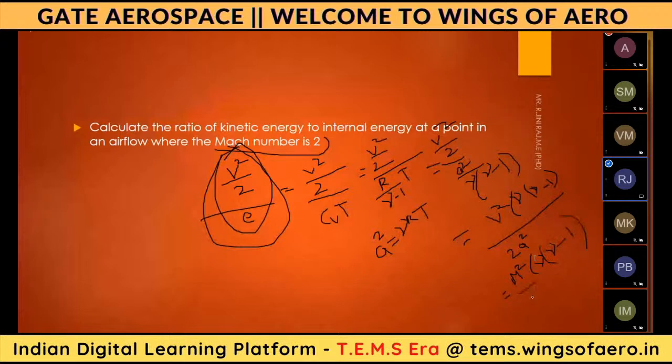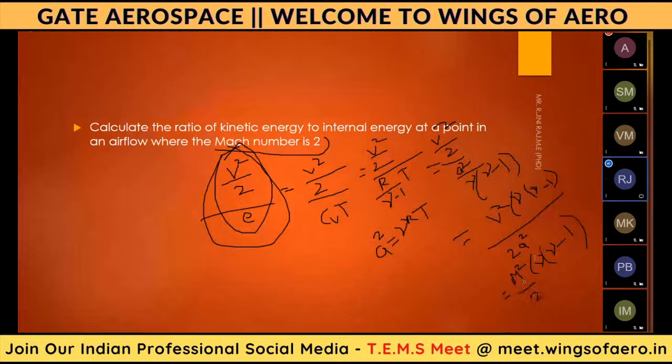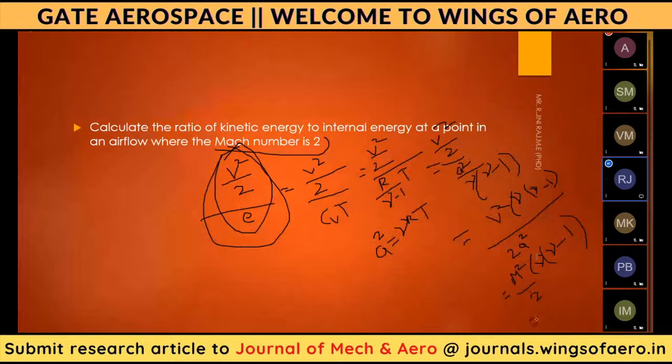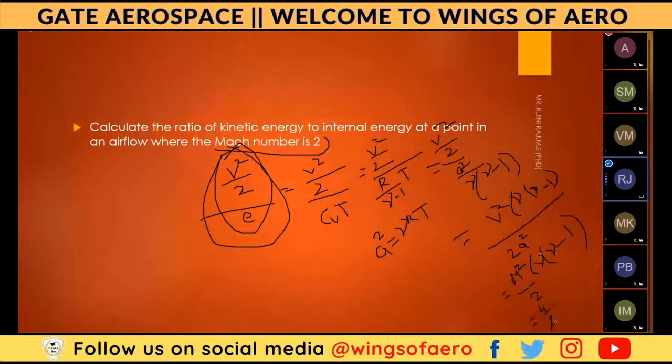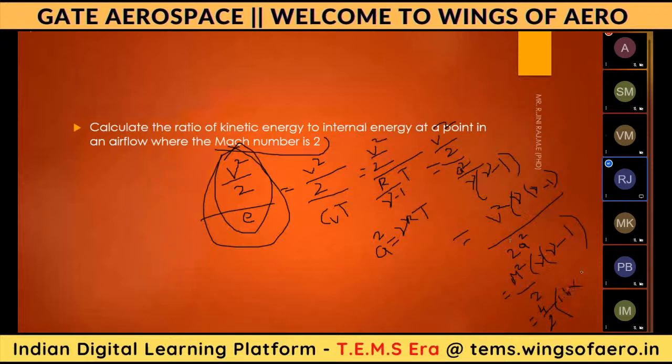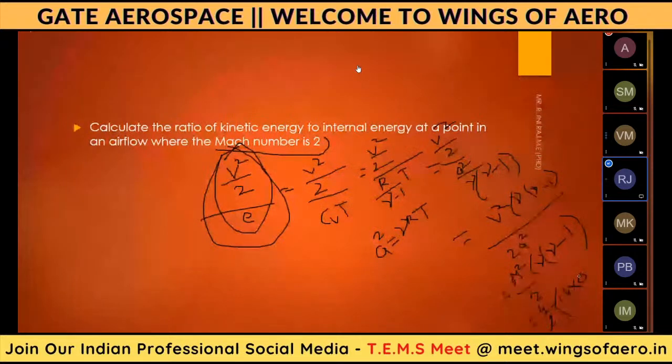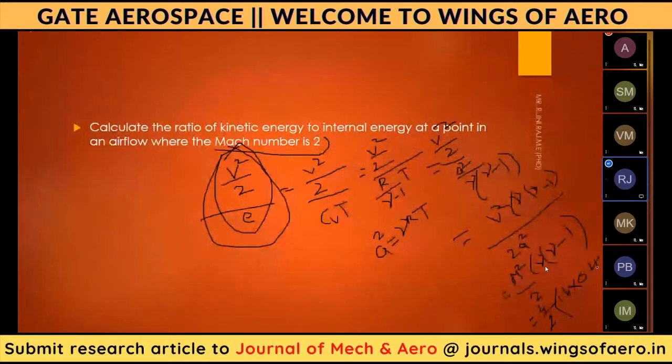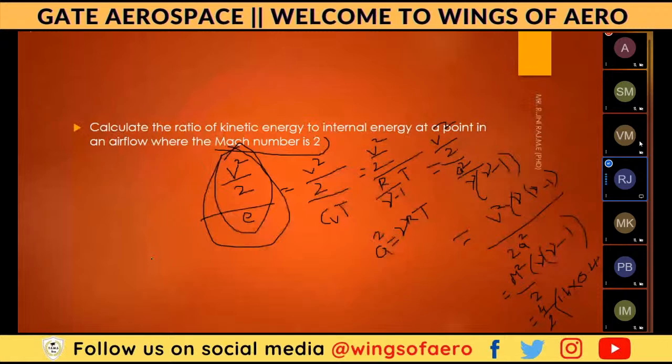So with M squared equal to 4, what will come? That is 4 divided by 2 into 1.4 into 0.4. So I'm getting 1.12. Yes, 1.12. So the ratio of kinetic energy to internal energy is 1.12.